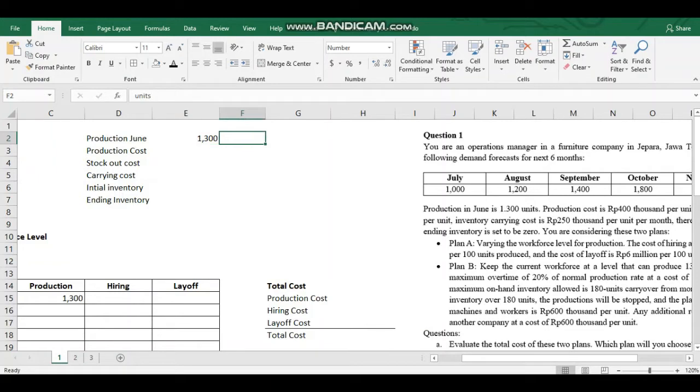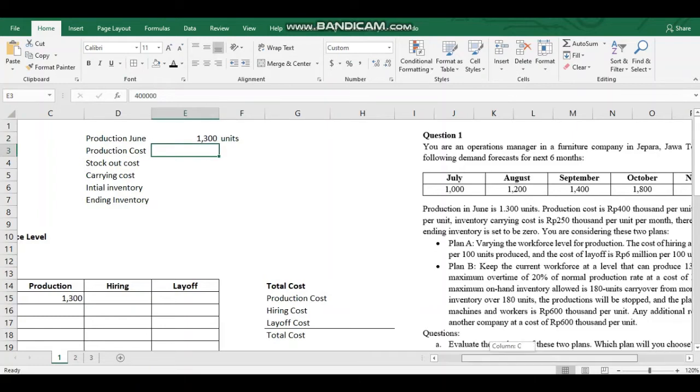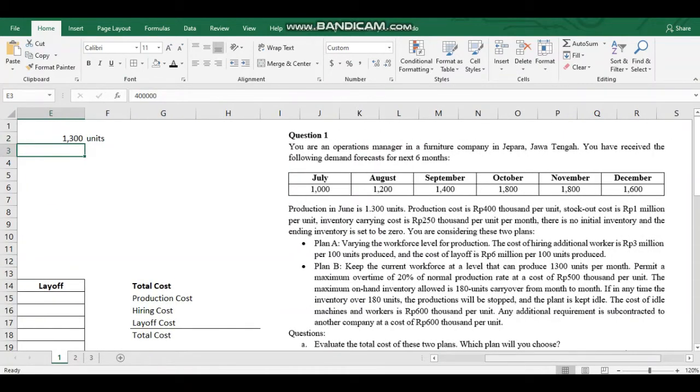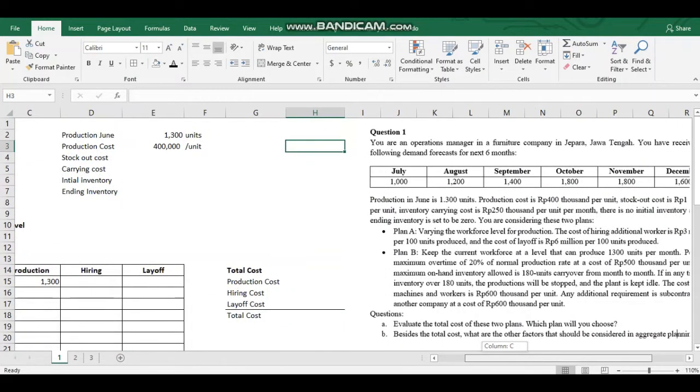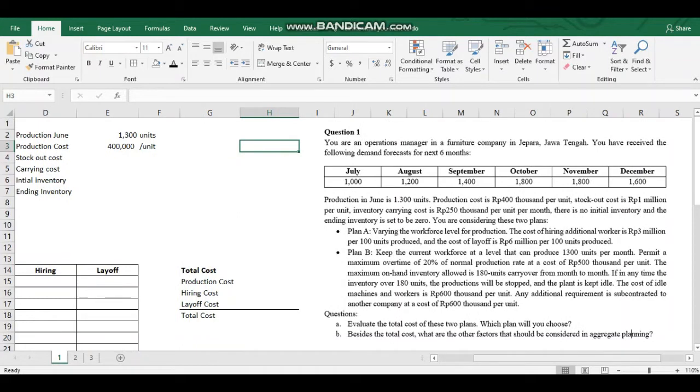Okay, the production in June is 1,300 units, and then it said that the production cost is 400,000 rupiah per unit, and then the stock out cost is 1 million per unit, and the inventory carrying cost is 250,000 per unit per month.